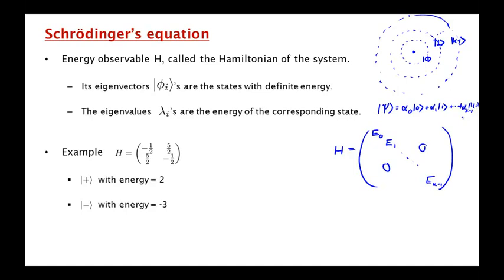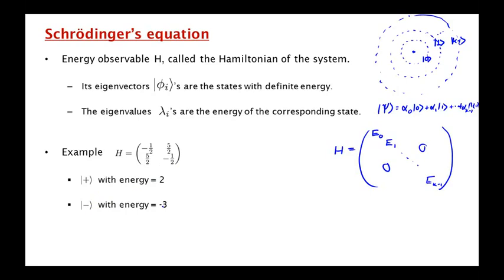Here's another example. It's an example of an observable we've seen before. Let's say we call it the Hamiltonian of the system. So it happens to be this one, H here, which is minus 1/2 on the diagonal and 5/2 on the off diagonal. Now this was an observable which had two eigenstates, plus and minus, and the eigenvalue of the state plus was 2 and of minus was minus 3.